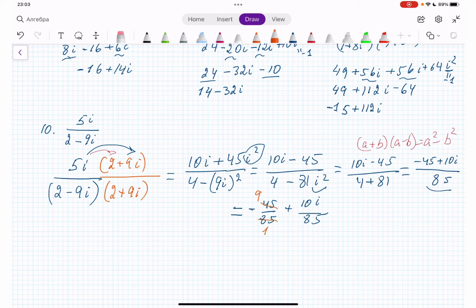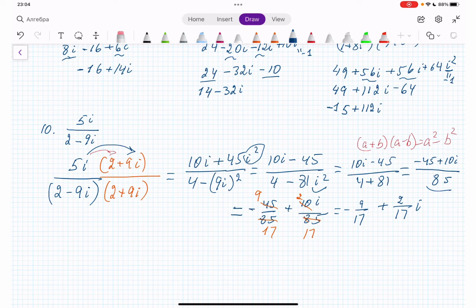It's going to be 9, and 85 divided by 5 is going to be 17. And what we have here, 10i over 85, this one also we can simplify, divide by 5, which is going to be 2, and 85 divided by 5 is going to be 17. So the answer is negative 9 over 17, and then plus 2 over 17 i. And that is the answer.